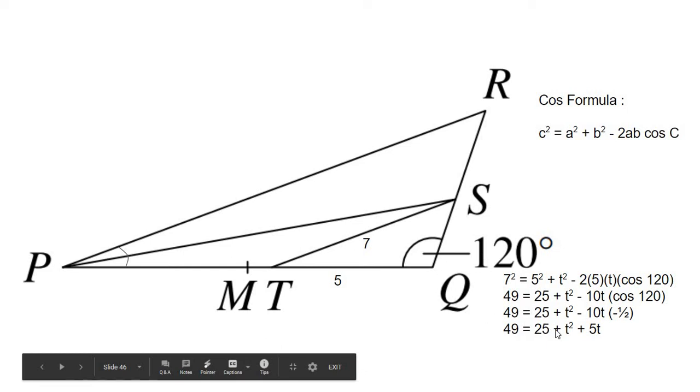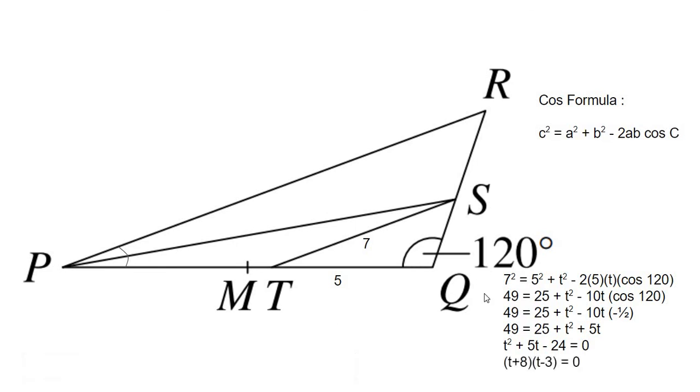We can subtract 49 from both sides, and we'll get t squared plus 5t minus 24 equals 0. We'll factor this equation to get t plus 8 times t minus 3 is equal to 0, and we get our two values for t. T equals negative 8 and 3.